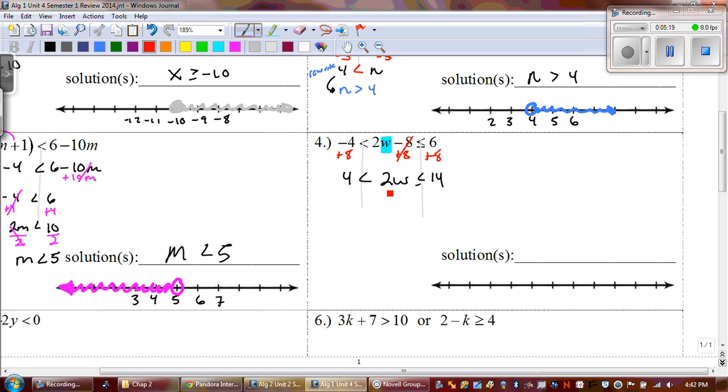The w is not by itself yet, so we have to divide everything by 2. 4 divided by 2 is 2 less than w, which is less than or equal to 7. Okay? So our answer is 2 less than w less than or equal to 7.